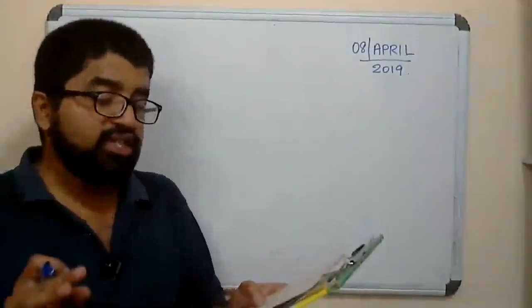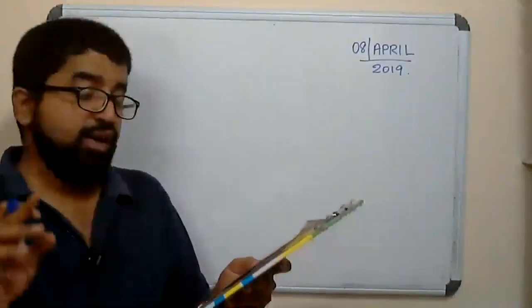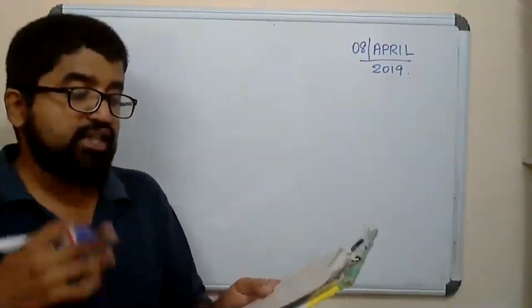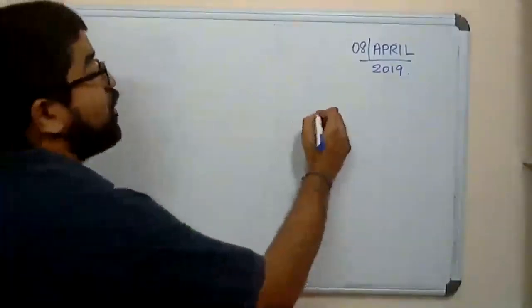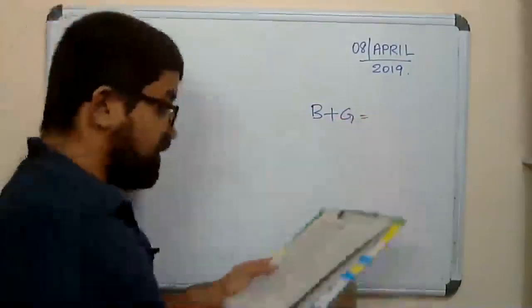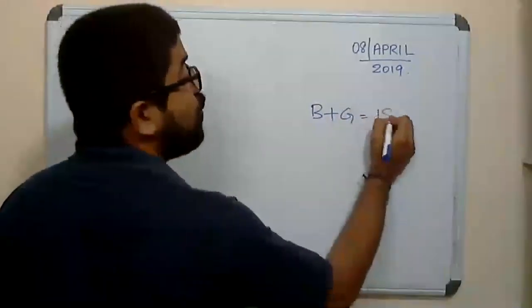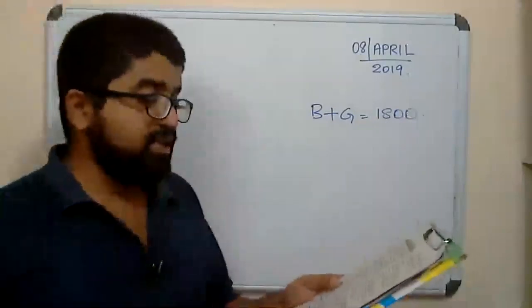Okay, for solving this question, we have to consider that there are two sets of students, the boys and the girls. So I can see that the total number of students, B plus G, comes to 1800. So that's the total number of students.